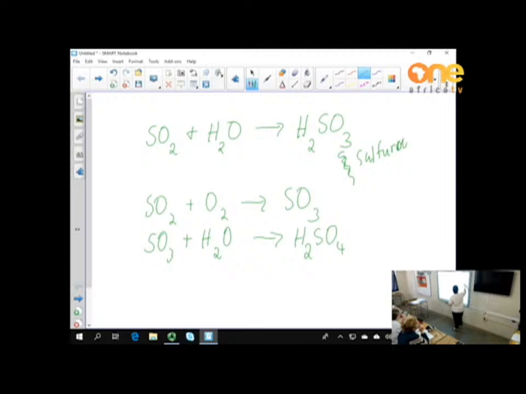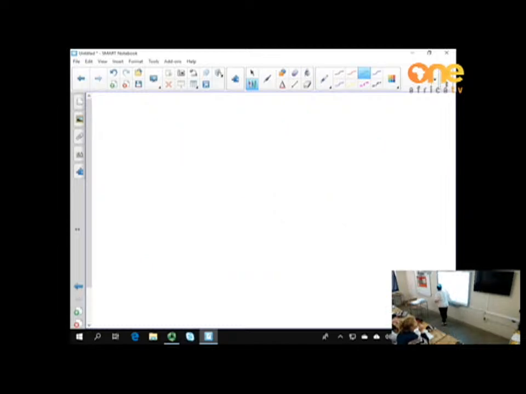Sulfurous. That one is sulfuric acid. And the other one is hydrogen sulfite, I-T-E. Top one. With the sulfur, H2S, H2SO3, H2SO4.